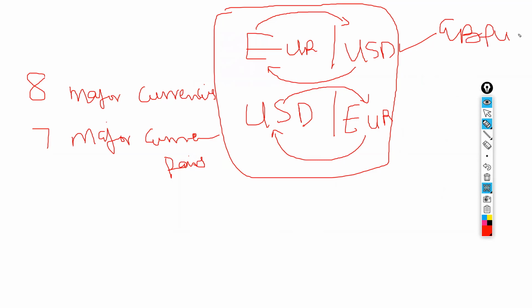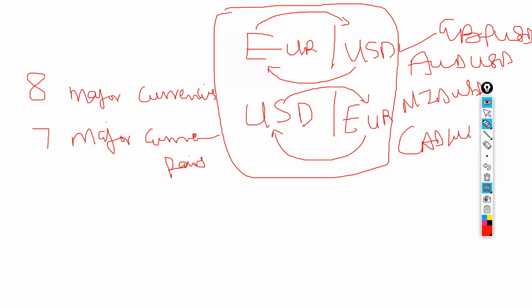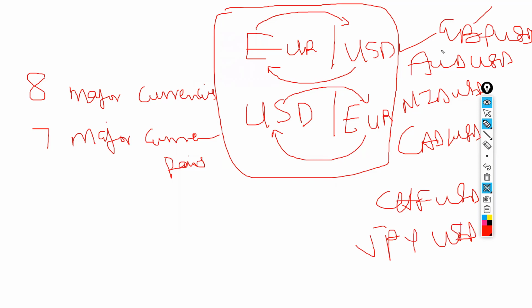Australian dollars against USD. New Zealand dollars against USD. Canadian dollars against USD. Swiss franc against USD. And Japan yen against USD. 1, 2, 3, 4, 5, 6, 7. Great work, great job.